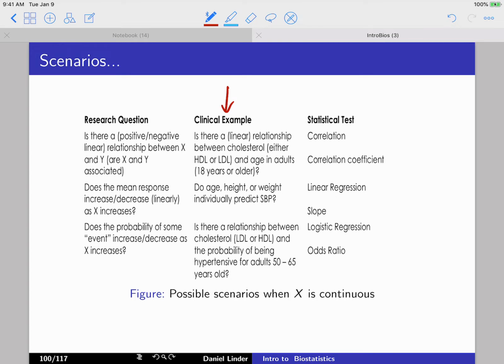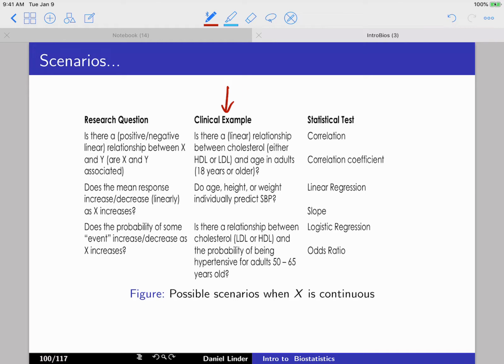One clinical example: you could be asking, is there a linear relationship between cholesterol, either HDL or LDL, and age in adults? Let's think about this type of question. The cholesterol level would be a continuous measure, and age is essentially a continuous measure as well.